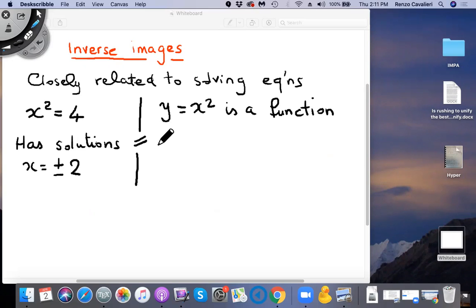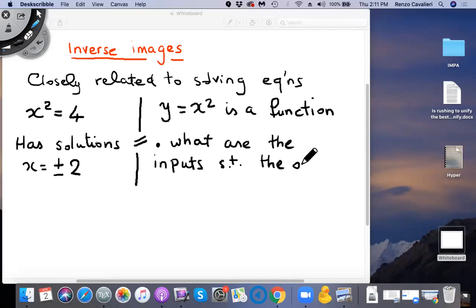And we want to know what are the inputs such that the output is equal to 4.